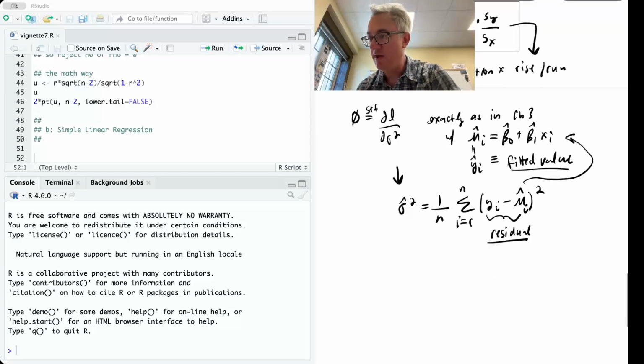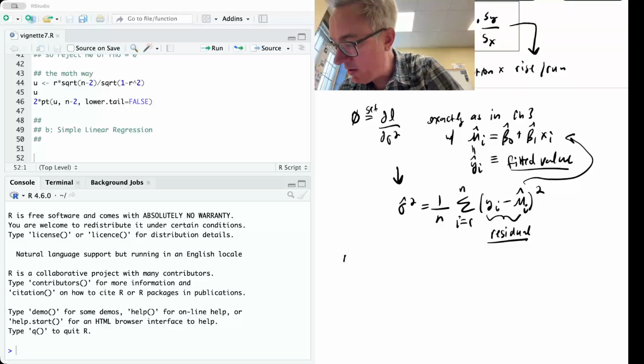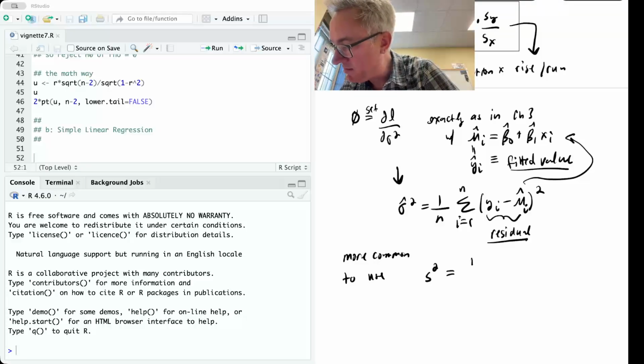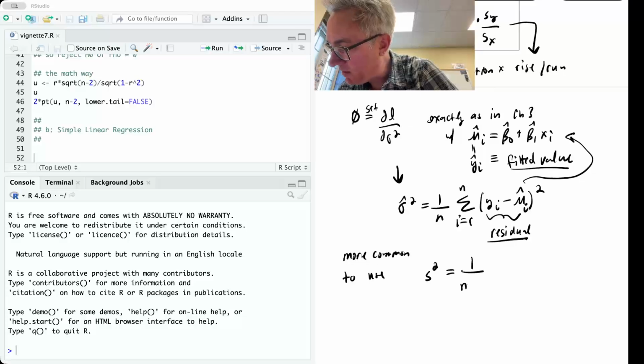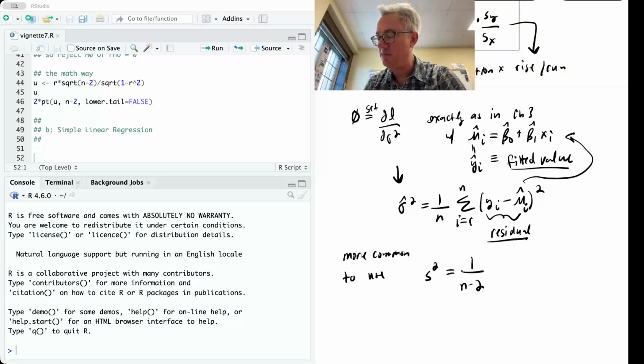Just like in chapter 3, it's more common to use a different estimate that's not the MLE, that we're going to call S squared, that corrects for bias. And since there are two estimated parameters, the denominator is n minus 2 instead of n minus 1 in chapter 3 where there's only one parameter, mu.